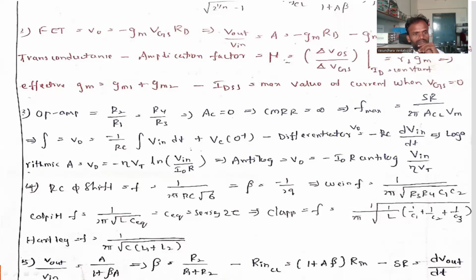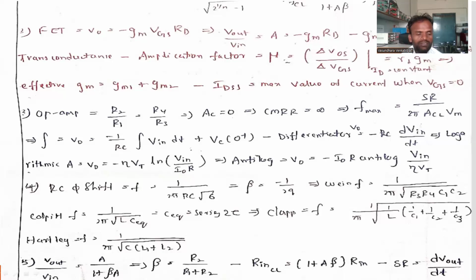Next, integrator: the output voltage equal to minus 1 by RC integration of V in dt plus V0 at 0 plus. Differentiator: VO equal to minus RC dV in by dt.